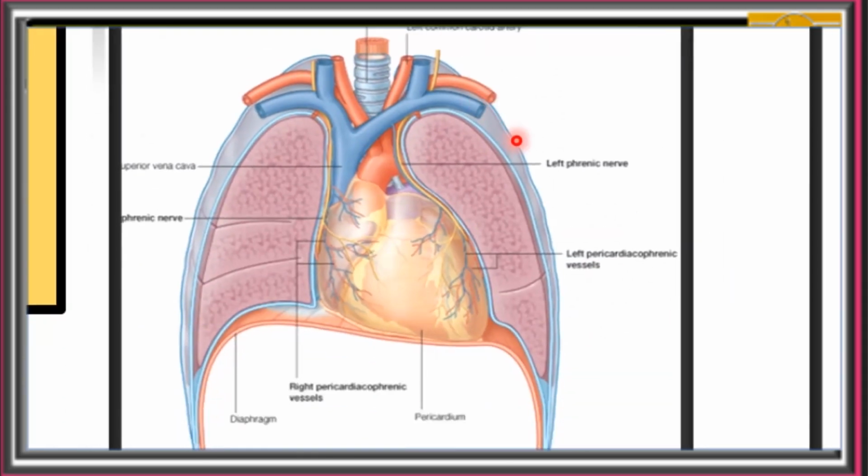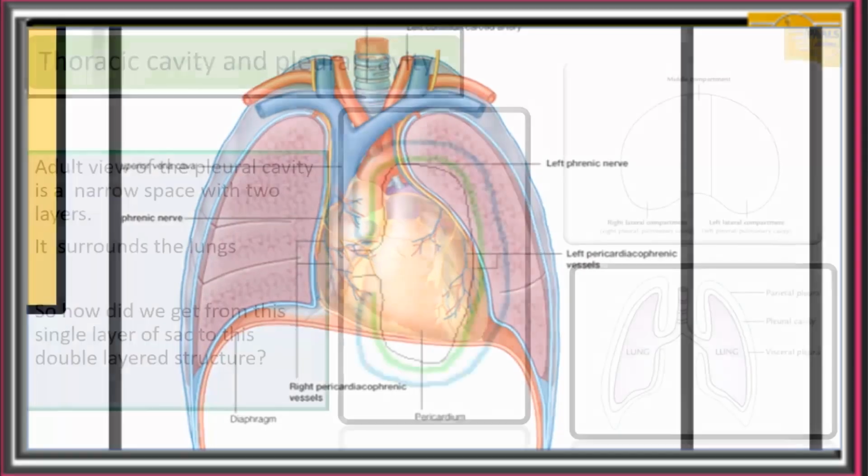This view also illustrates what we just showed here. These are actually the layers that formed the pleural cavity, and then these are the lungs that are enclosed within the cavities, and here is the space of the mediastinum with the heart and then the great vessels and other structures passing through the thoracic cavity.